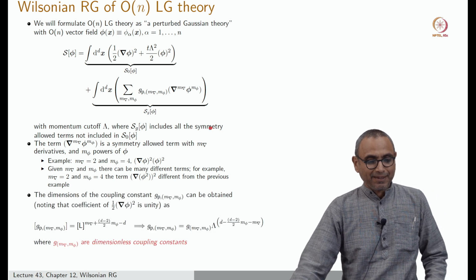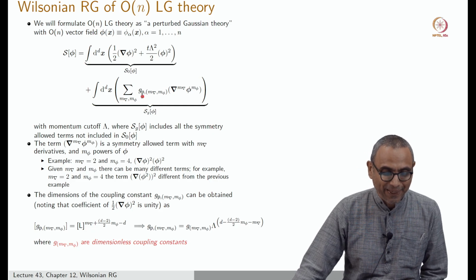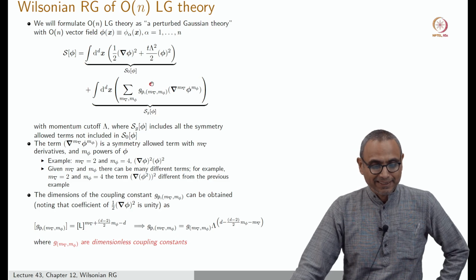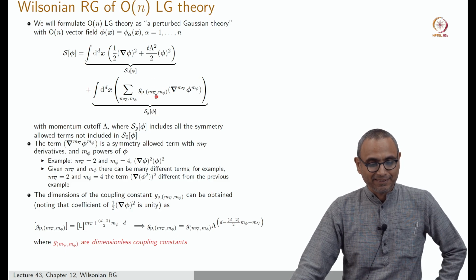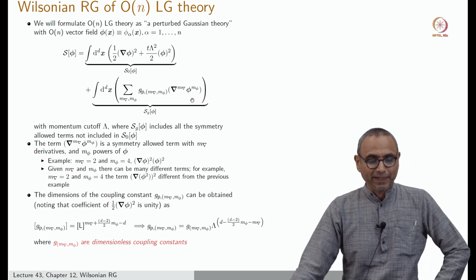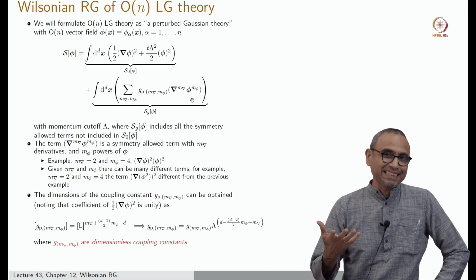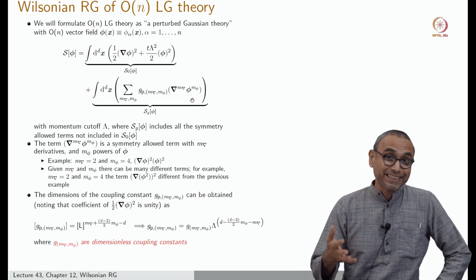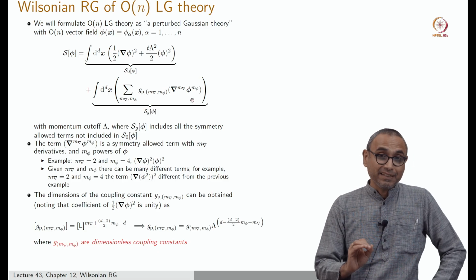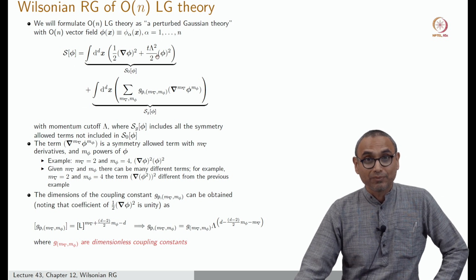Okay. So our first point to note is that we have introduced the notation P here. P here means that this quantity G_P of m nabla, m phi is the coupling constant associated with this operator. That operator has some physical dimension. How do we determine the physical dimension? We always determine it by looking at S0.